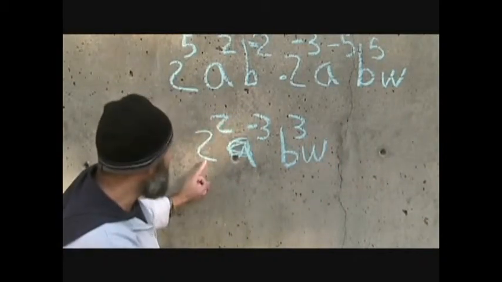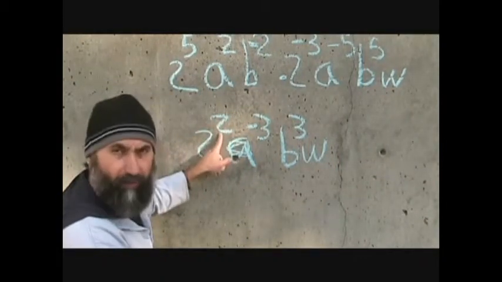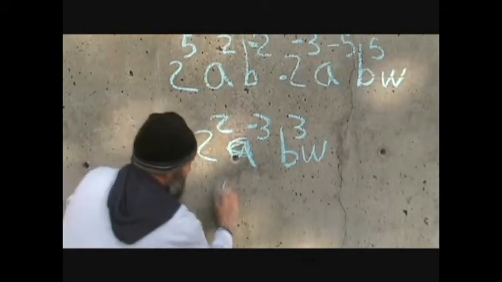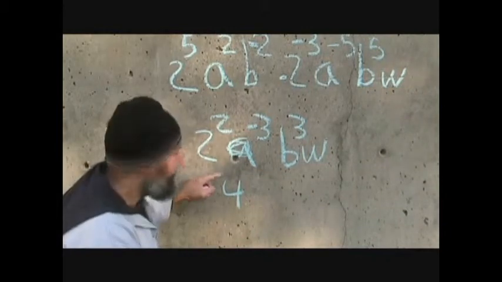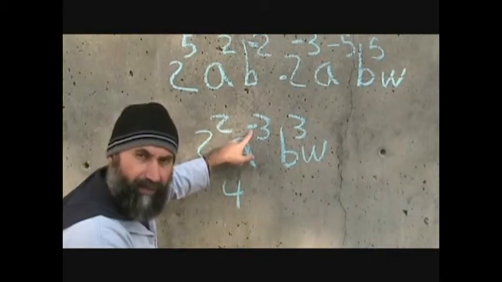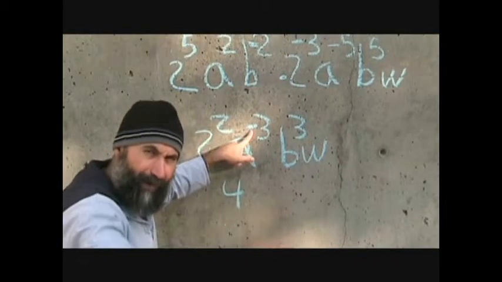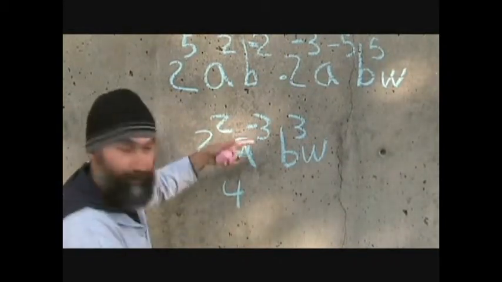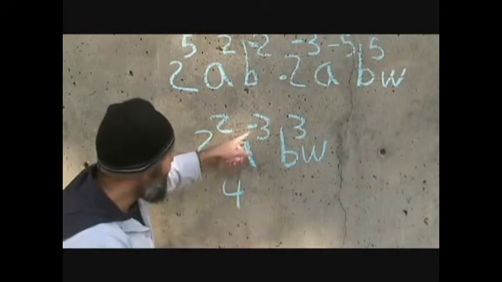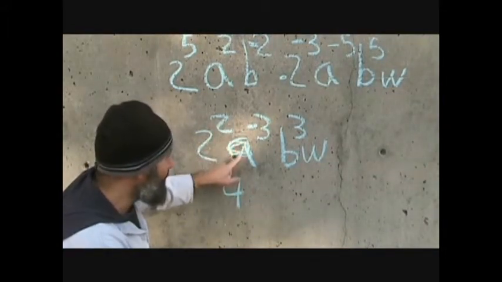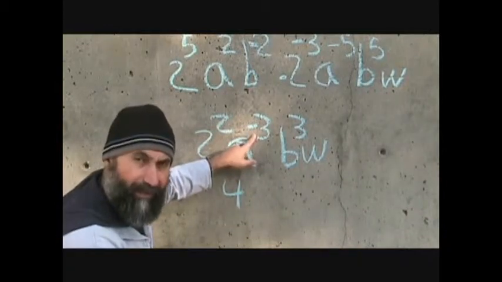Now what's the final answer for this? Well, 2 squared is just going to be 4, 2 times 2. a to the negative 3, we talked about this when laying down the properties of exponents. Negative power means you flip it, right? And the only thing that flips here is the a, because that's the only one to the negative power.